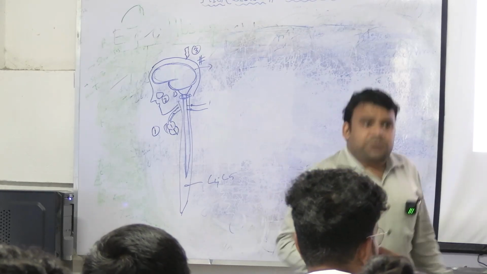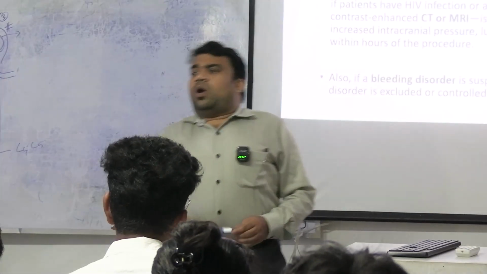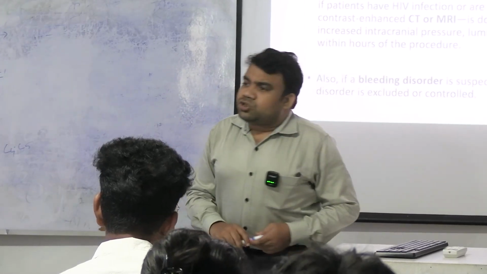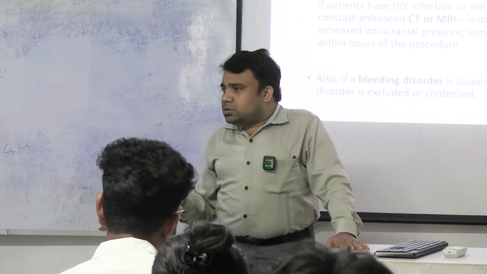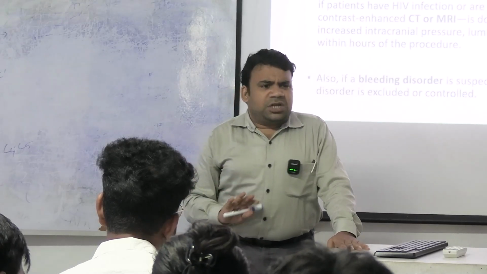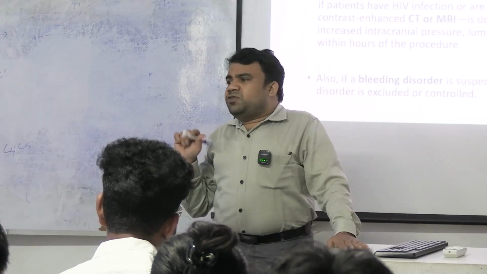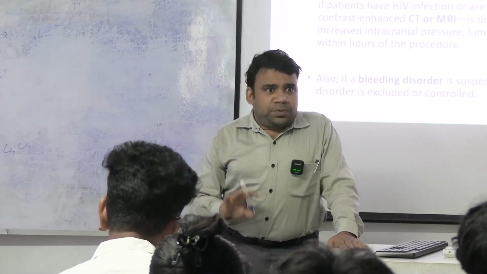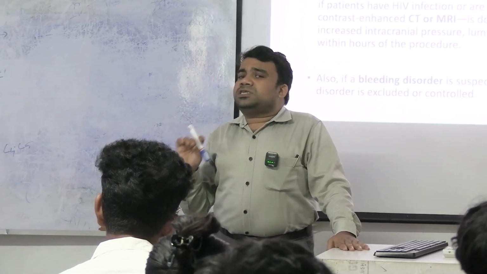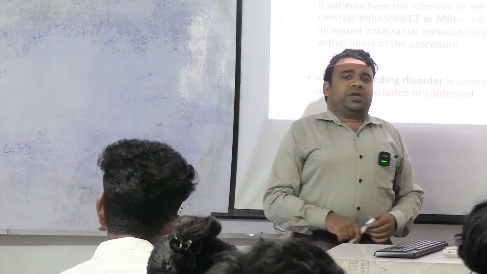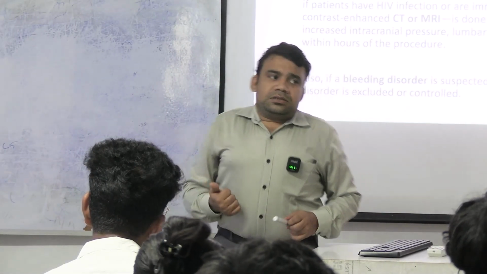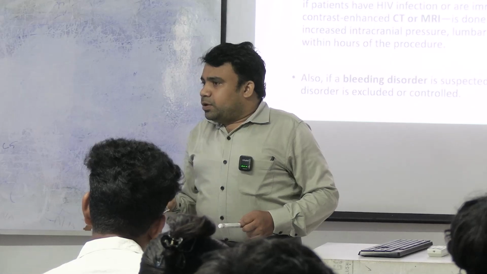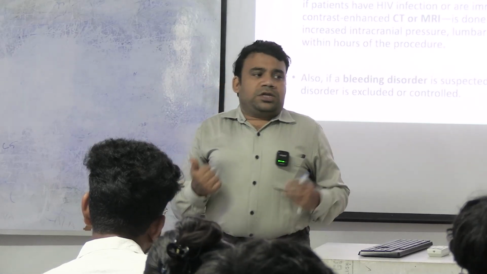So it is always prudent to understand whether there are any signs of increased intracerebral pressure or not. If you feel that there is increased intracerebral pressure, you must ascertain whether it is actually there. We can do that by two common methods. First, get a CT scan of the head, where we can look for signs of increased pressure.